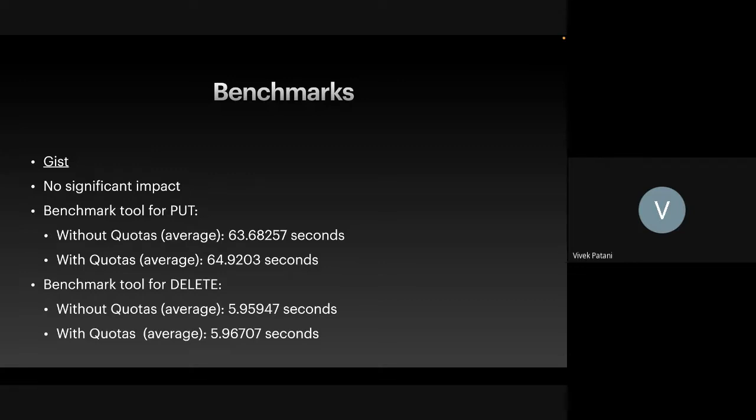For an individual request, one single request is about 0.05 to 7 milliseconds slower on average, and that's in the worst case. So it isn't really affecting the latency of the request that much. It's the same for delete; the numbers are very, very close, with hardly any difference. I've mentioned the gist where I put all the benchmarks I ran with and without quotas, so that's available as well.